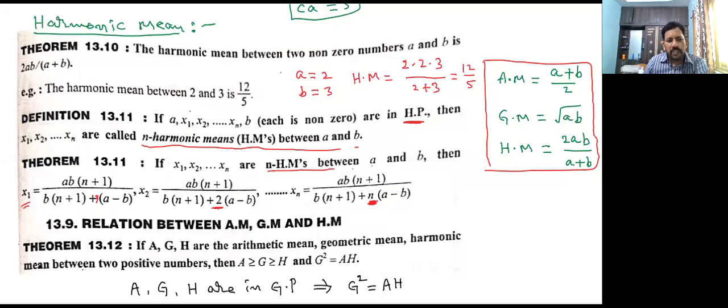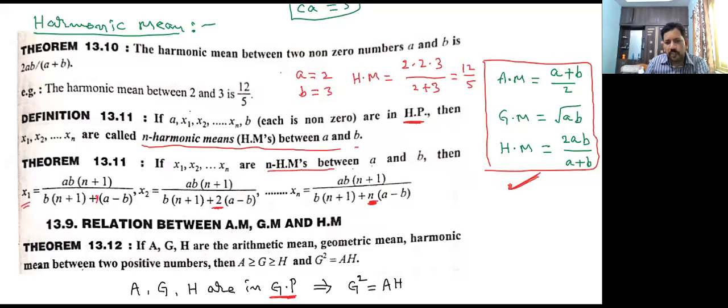Okay, please copy this. Next, what is the relation between arithmetic mean, geometric mean, and harmonic mean? Here I have already written the three formulas clearly. Observe the relation between them. By observing that, we can say arithmetic mean, geometric mean, and harmonic mean are in GP series.